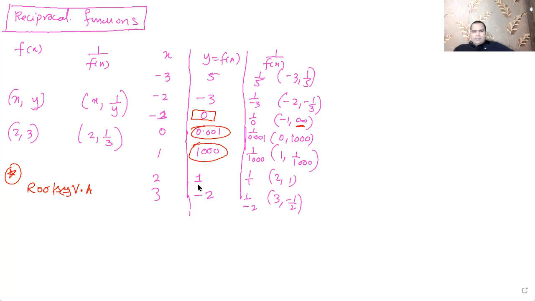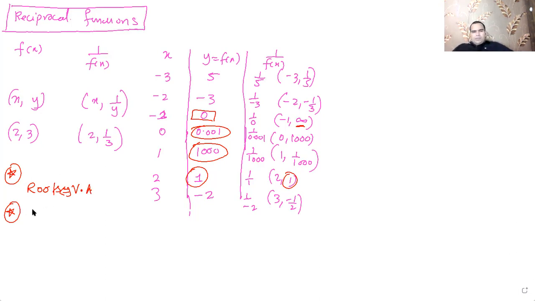Similarly, wherever your y value is 1, the reciprocal is also 1. This is something we need to link up into a solid understanding. So, number one, roots become vertical asymptotes, and a vertical asymptote on the graph becomes roots.